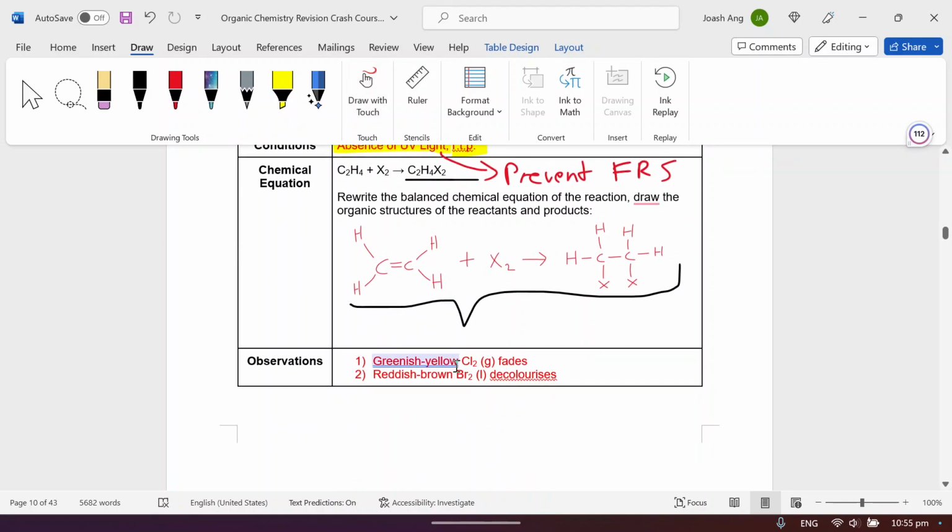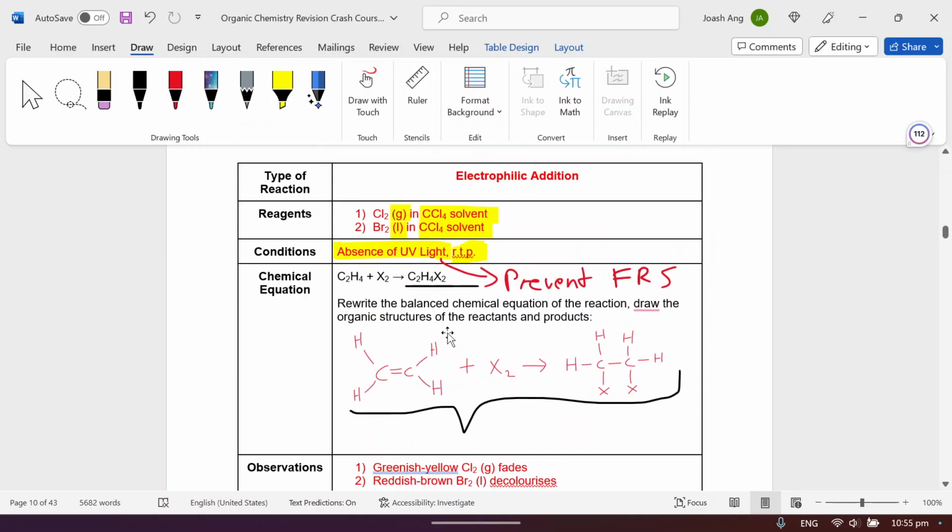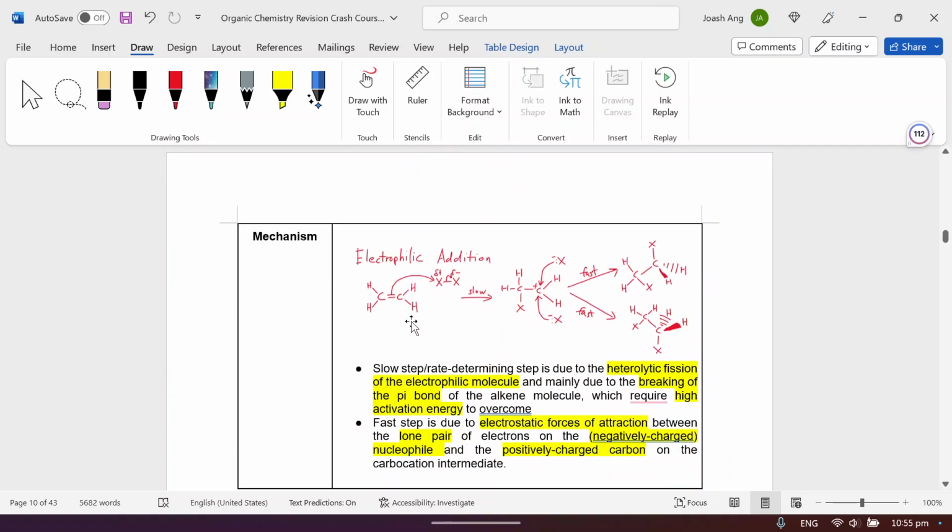For the observations, you link it to the chemical equation. And the mechanism is right here. So you see that the C=C double bond, as I said earlier, has loosely held pi bonding electrons which induce dipoles and create electrophiles in molecules that have the same electronegativity.